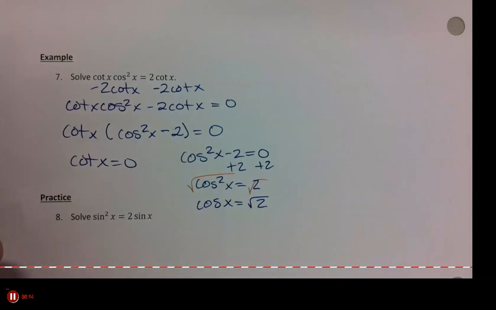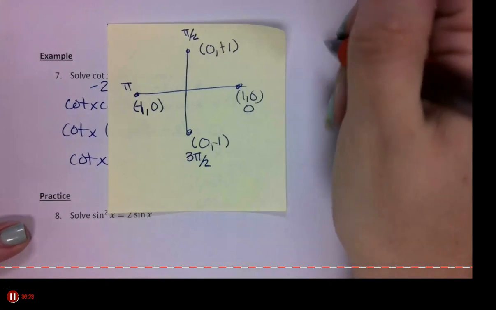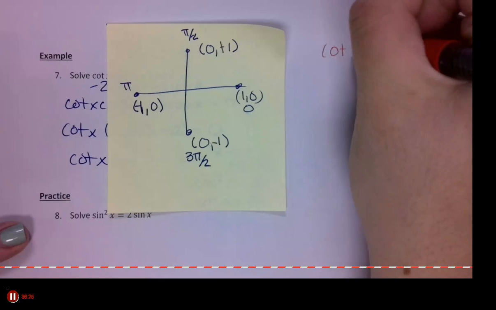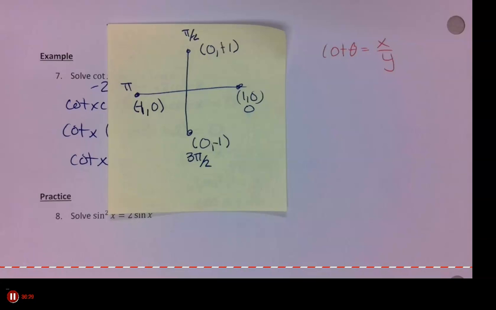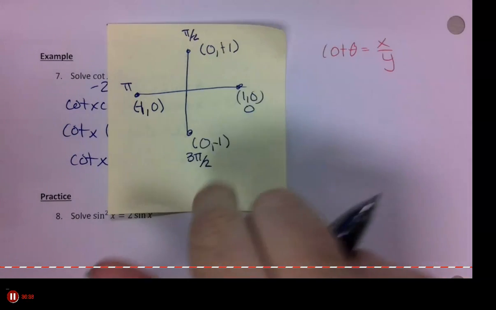Then what? So this one, I'm going for the cotangent. Remember, cotangent is x over y. So where is my x value 0? The top and bottom ones, right?